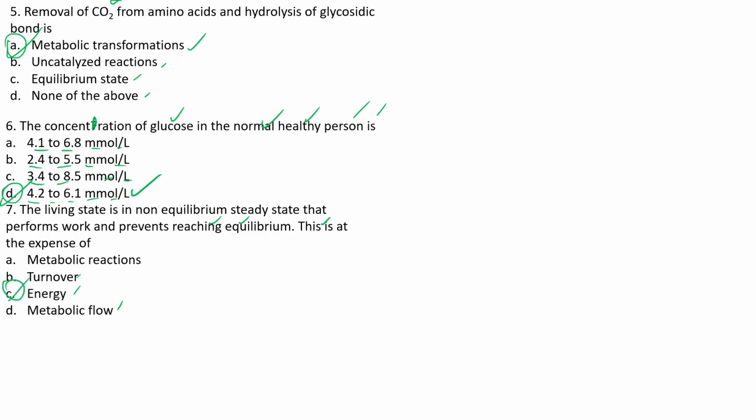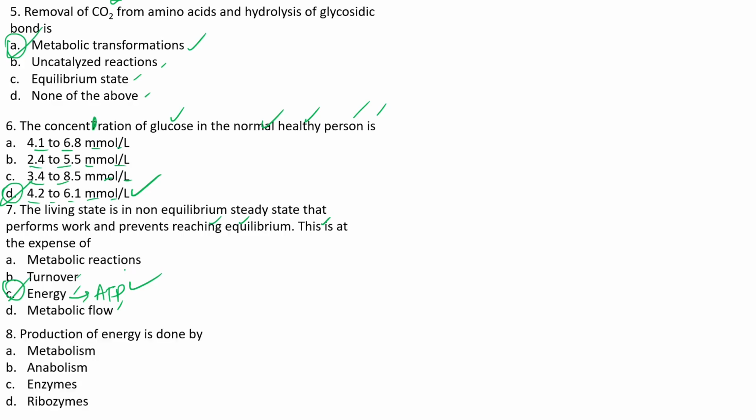Hence C is going to be our right answer, and energy is mainly stored in the form of high energy bonds, and this molecule we know as ATP. Hence ATP is also called the currency of the cell.